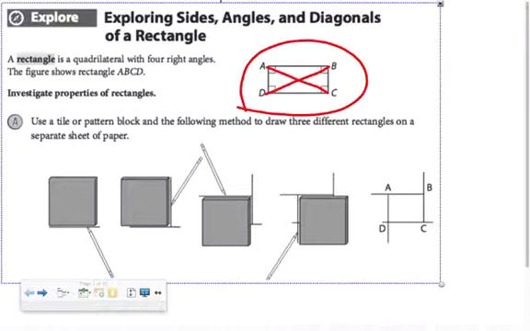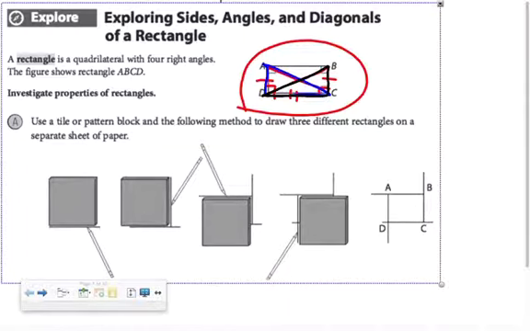In addition to that, notice how we know this segment is congruent to itself. We know that AD is congruent to BC, and we know that these right angles are congruent. So these overlapping triangles, this one here and this one here, are congruent.